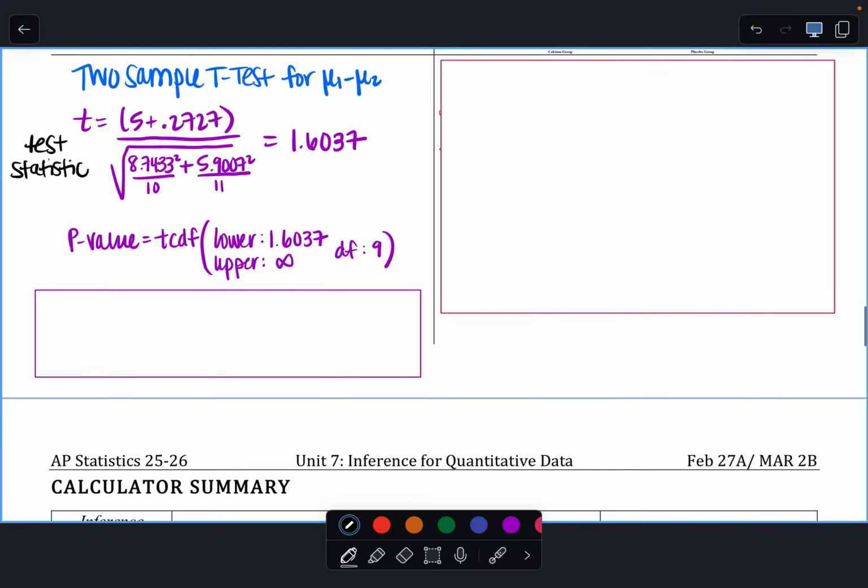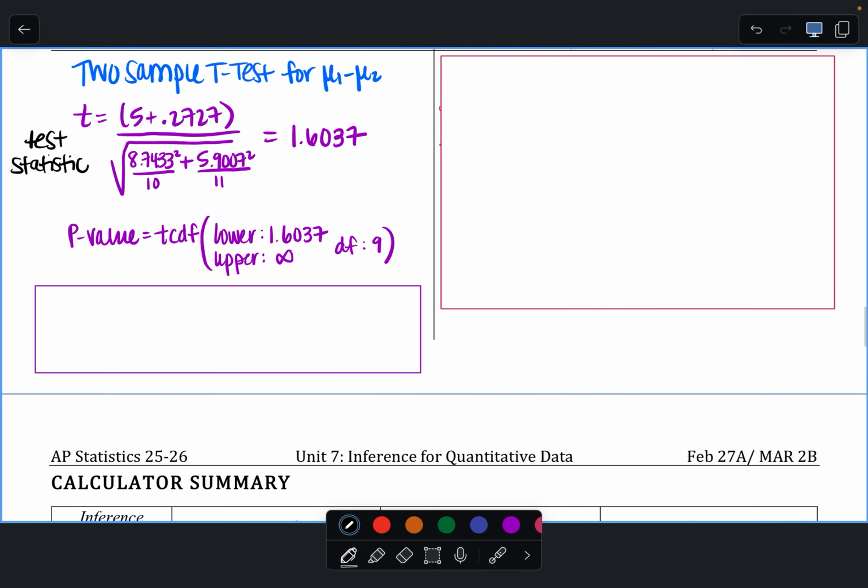So in this case, whenever we are doing a greater than, because my alternative was mu of c is greater than mu of p, actually, that means, truthfully, I should change these. I'm going to change it to c and p because I want them to match.